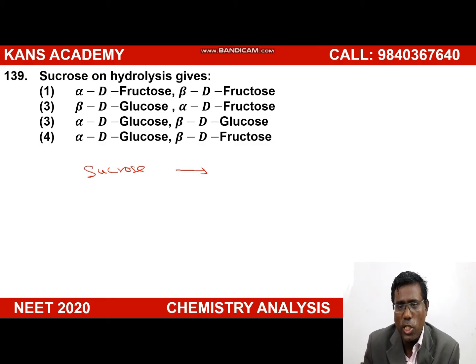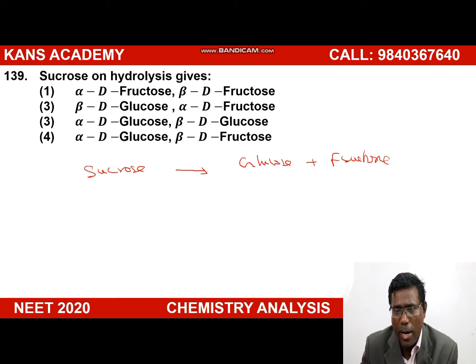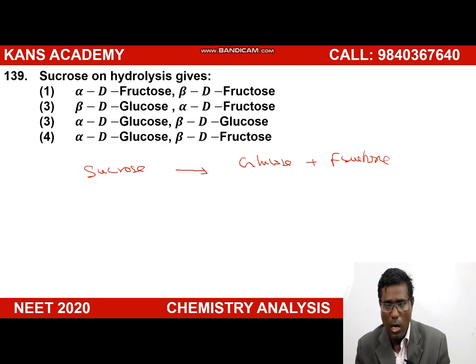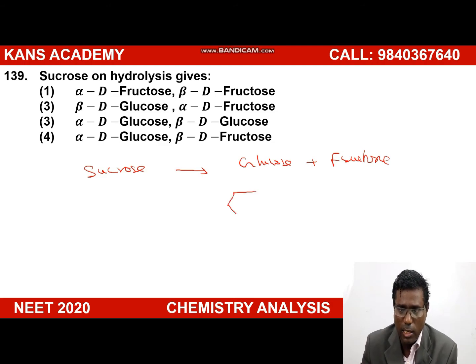Now we have to see the structure of glucose and fructose, how they are attached. This is the pyranose form of glucose that we have to write. Oxygen is attached to carbon C1.